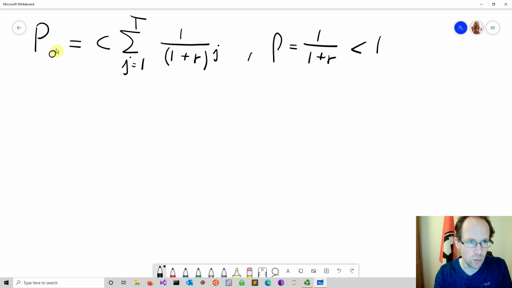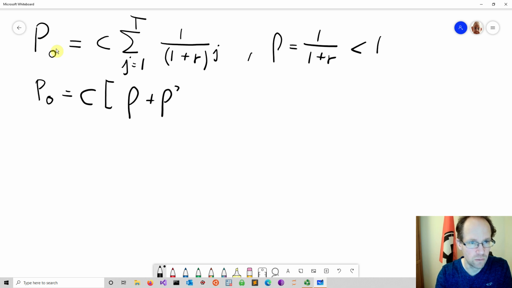If I use that, then I can write this as follows: I have again my constant coupon payment C, and then in rectangular brackets rho plus rho to the power of 2, and so on, all the way up to rho to the power of capital T.